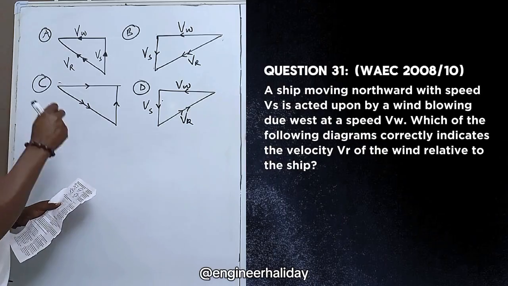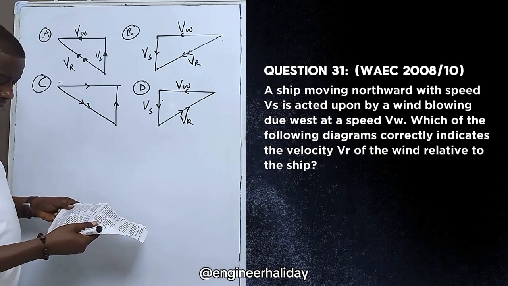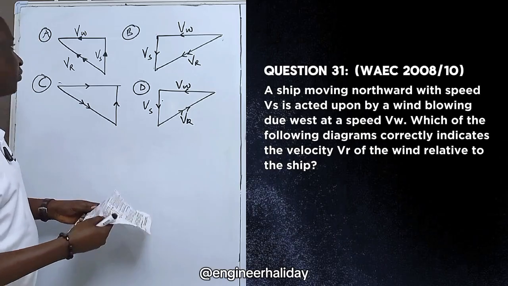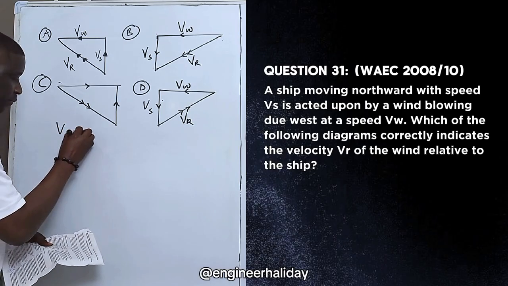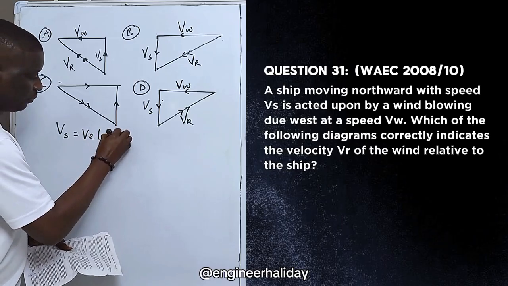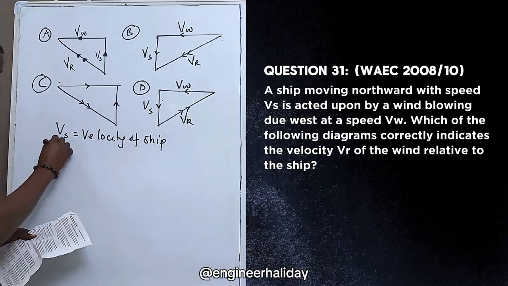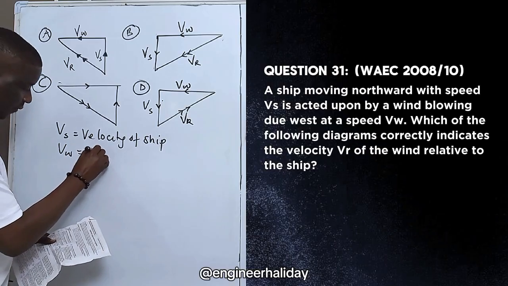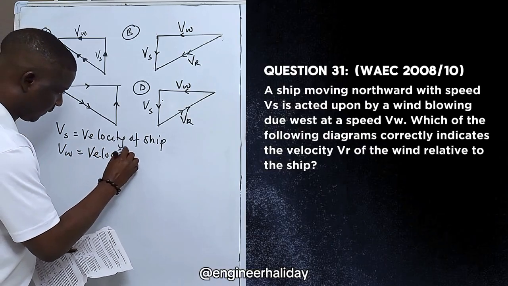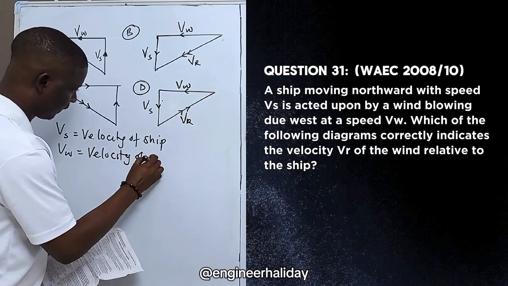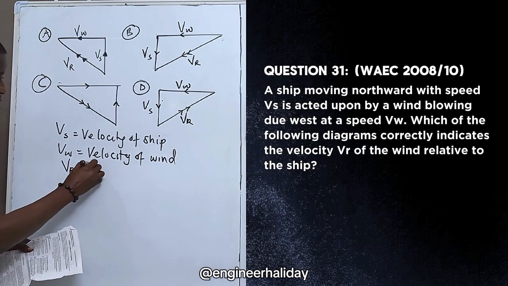Now, let me just show you what you're going to do to get your answer for this particular question. Now, watch out for what they said. The ship is moving northward. Vs is the velocity of the ship. This is the velocity of the ship. Vw is the velocity of the wind. Then Vr is what?